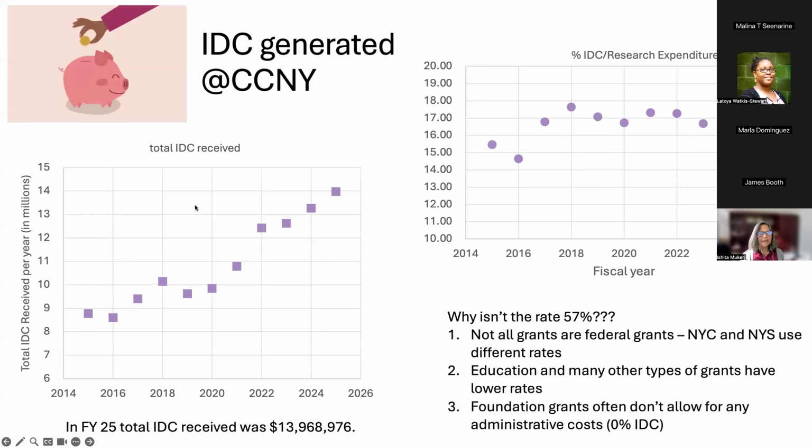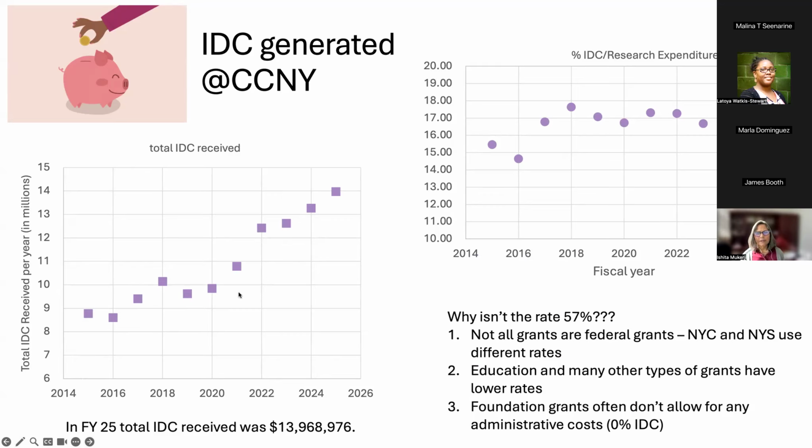Then here, what we're looking at now is our total IDC received over the same time period. Sorry, I didn't point this out before, but we're talking over the past 10 years, from 2015 up to 2025. Here we're looking at the total IDC, and you can see, maybe a little more clearly than in the other graphs, that the IDC was starting to go up, and then we had the pandemic, right?